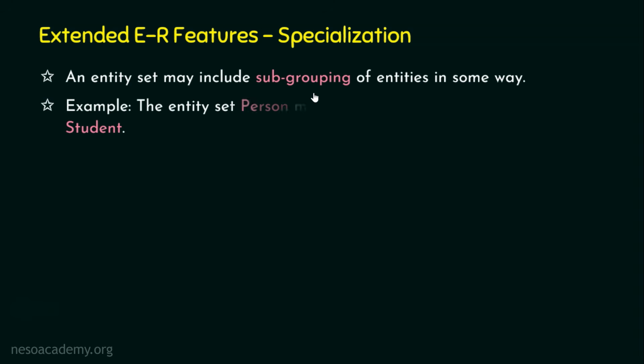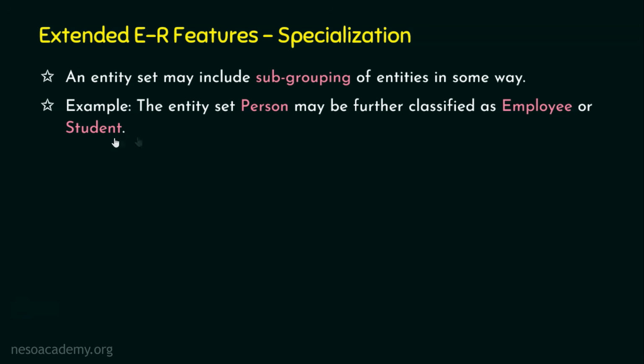Let me give you an example. It will be easy for you to understand. For example, if you consider the entity set as person, the entity set is broken into smaller units called subtypes or subgroups. So this person may be further classified as employee or student.